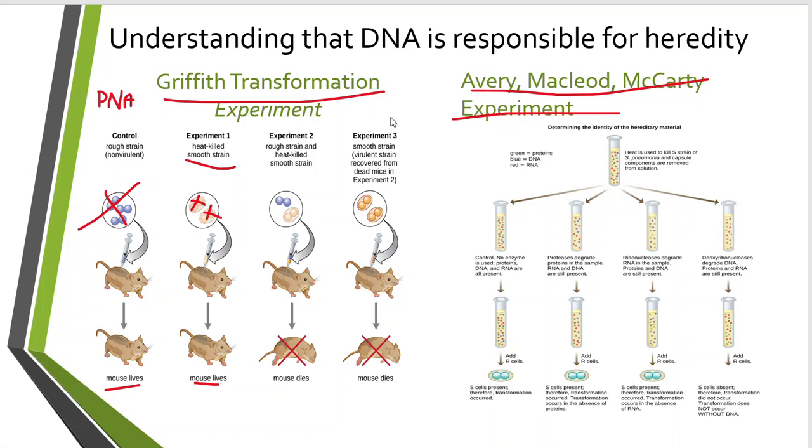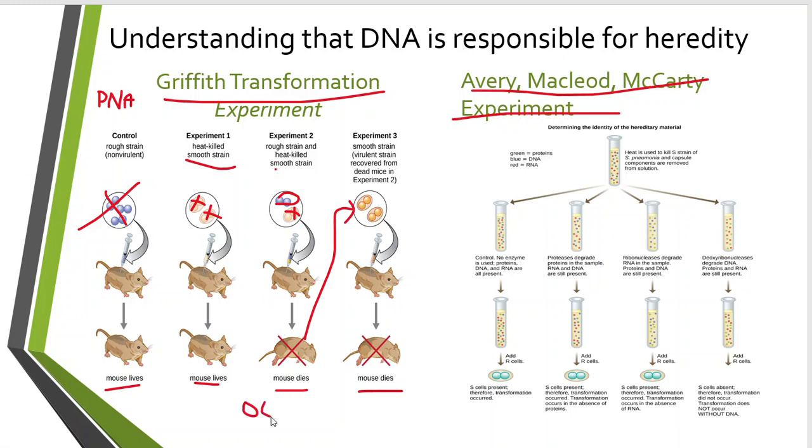The mouse was okay. Now, this is the interesting part. They got the uncapsulated bacteria, and then they got heat-killed capsulated, and they put them together, injected them into the mouse, and the mouse died. And of course, they took some of the bacteria from the dead mouse there and injected it into this mouse, and then he died as well. So what happened?